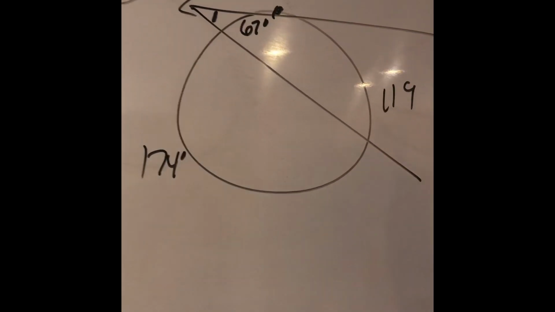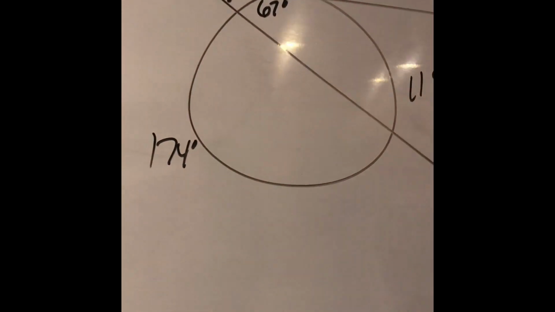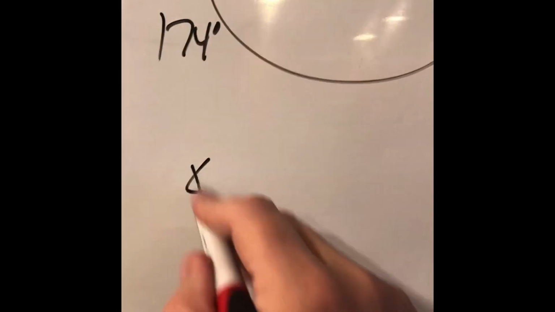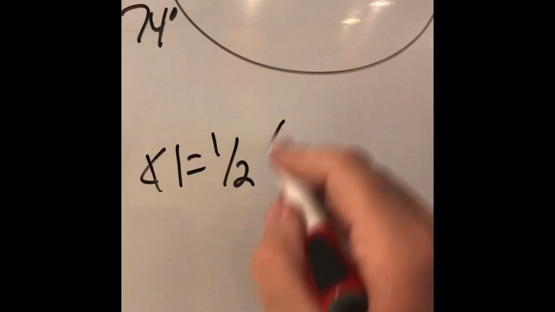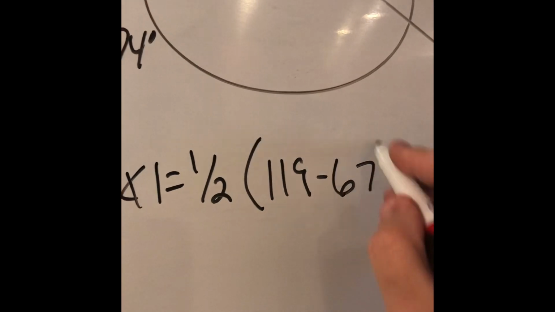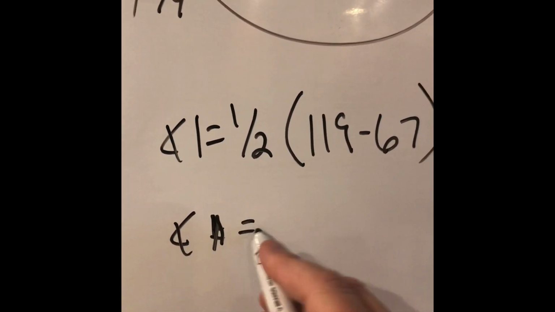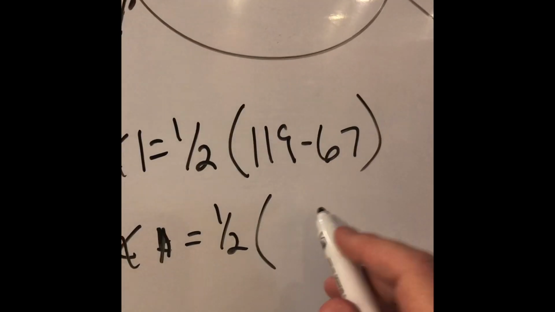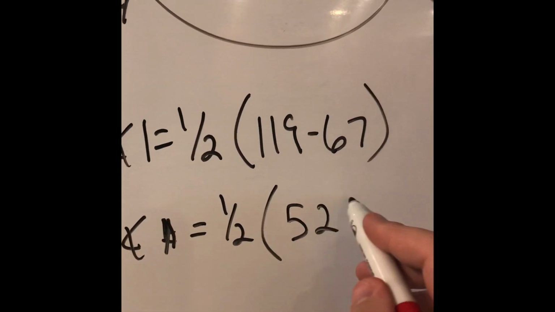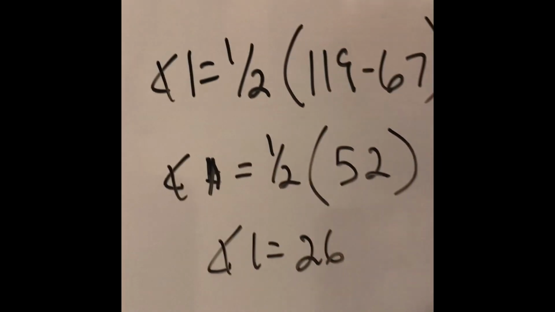So we're going to take the arc here, 119, and subtract 67 from it to get angle 1. So angle 1 is 1/2 of 119 minus 67. So angle 1 is 1/2 of 52. So angle 1 equals 26.